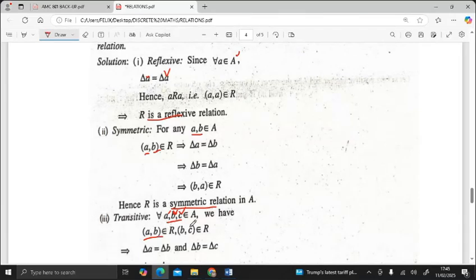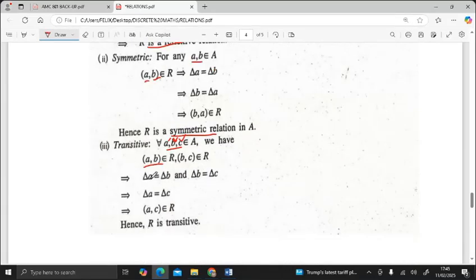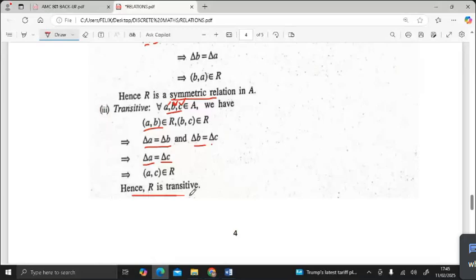The last part that we're supposed to show, so that we confirm whether this relation is an equivalence relation or not, is by determining transitivity. We pick three triangles in A, where the first triangle is equal to the second triangle, and the second triangle is equal to the third triangle.